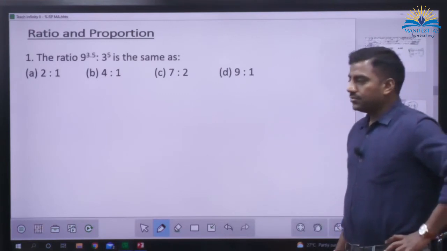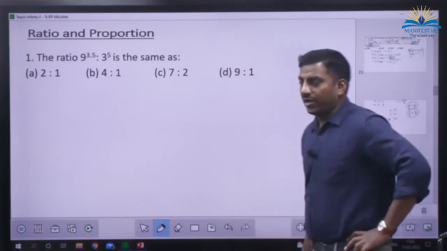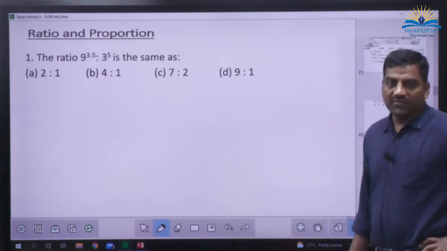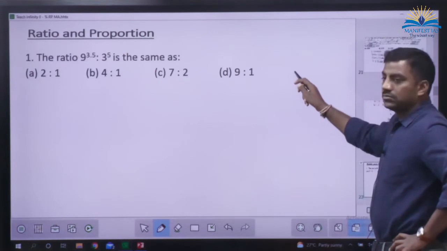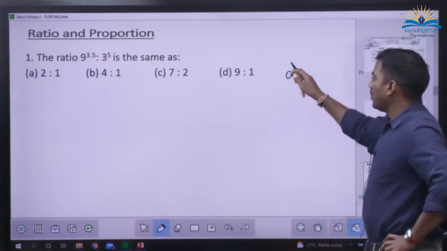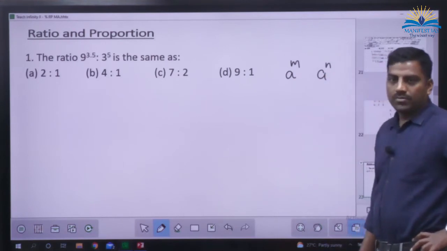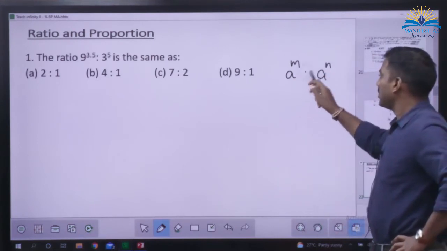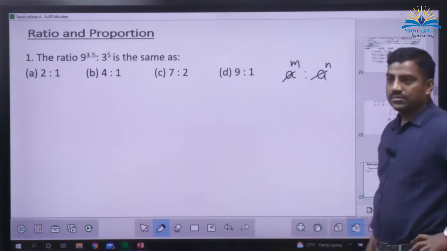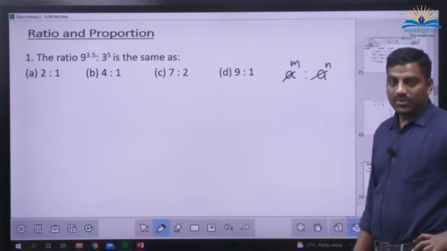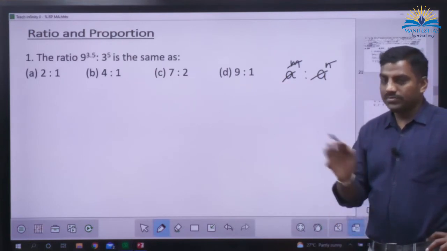The ratio 9 to the power of 3.5 is to 3 to the power of 5 is the same as... we have to simplify this. And in such cases, I'm telling you, let's say a to the power of m, one more is a to the power of n. Never try to cancel the bases. Though the bases are the same, never try to cancel the powers also.